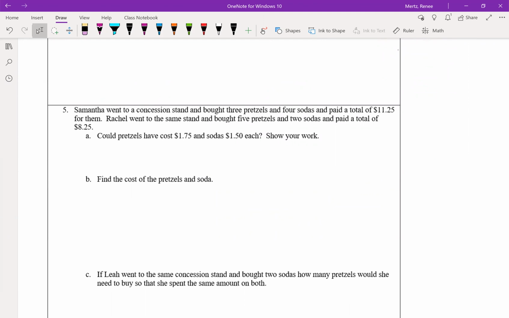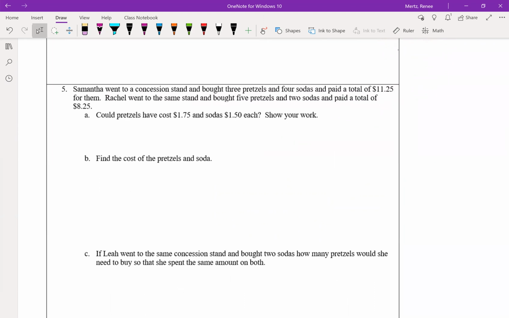Samantha went to a concession stand and bought 3 pretzels and 4 sodas and paid a total of $11.25. Rachel went to the same stand and bought 5 pretzels and 2 sodas and paid $8.25. Could the pretzels be $1.75 and sodas $1.50?